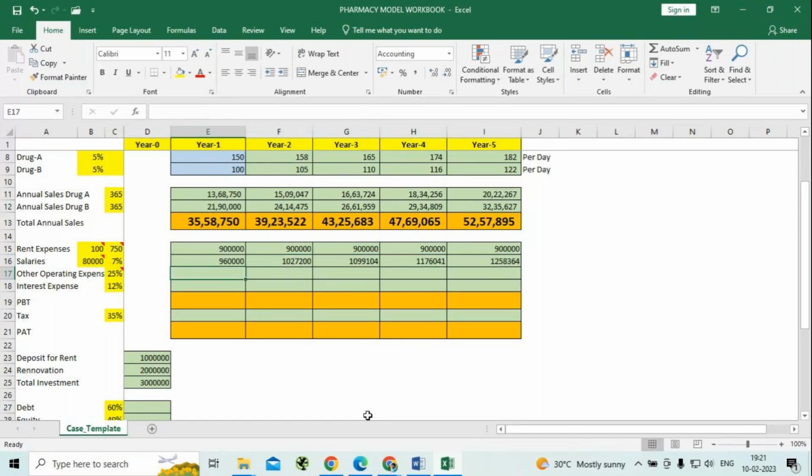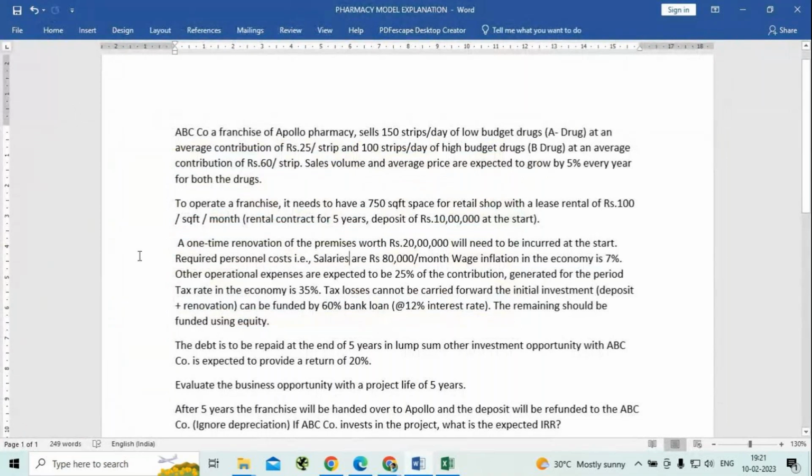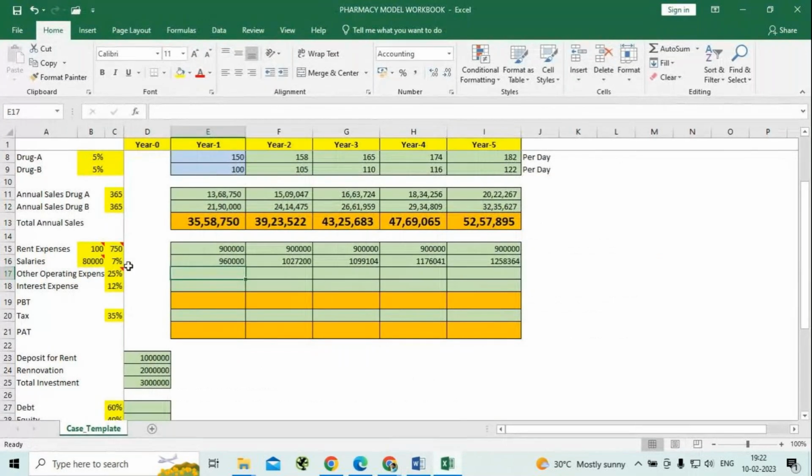Next, other operating expenses. The next line says other operational expenses are expected to be 25% of the contribution generated for that period. So whatever has been generated, that is our annual sales value, a 25% operational cost has to be applied.